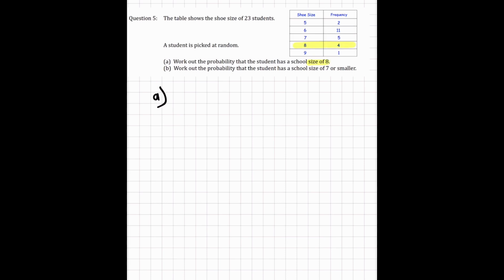We have 4. But the first thing that we need to know is how many students we're working with, and we're working with 23 students. So what is the probability of the student wearing a size 8? How many people wear size 8? That's 4. Out of how many students are there in total? 23, and that's fully simplified.